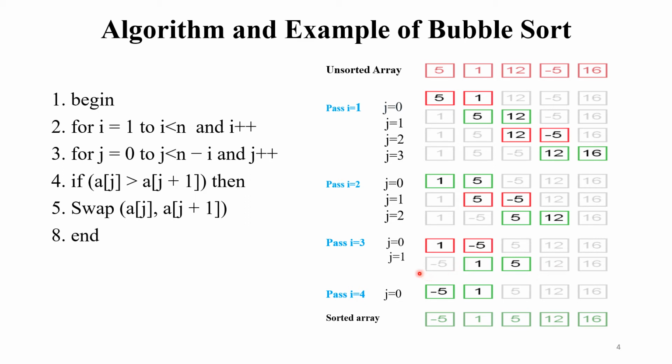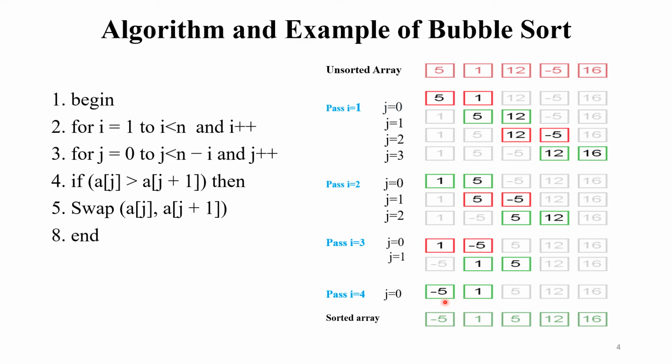Now we move to the next pass. In the previous pass there was no swapping, so we write down this data as it is, that is minus 5, 1, 5, 12 and 16. In the last pass we start comparing two elements from the first index, that is minus 5 and 1.